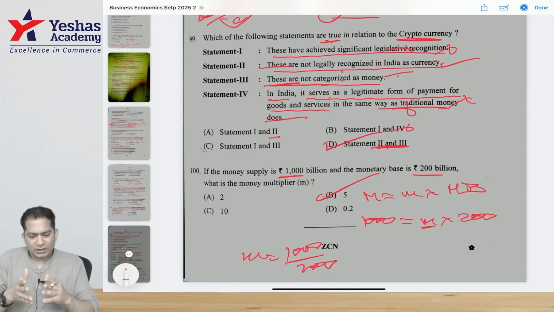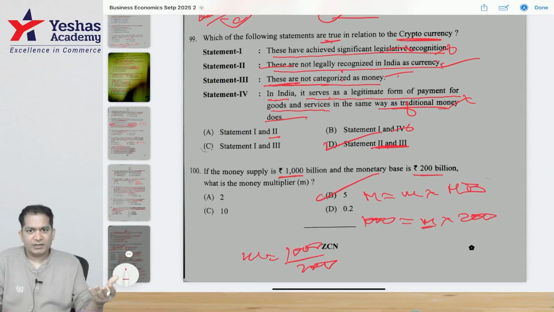I know that many of you are going to score above 80 in the subject of economics, and many will go above 95 as well. Because 80 to 85 questions you can directly hit from the class notes and the handouts given to you, and of course the nuclear weapon, the MCQ handout that was provided to you.